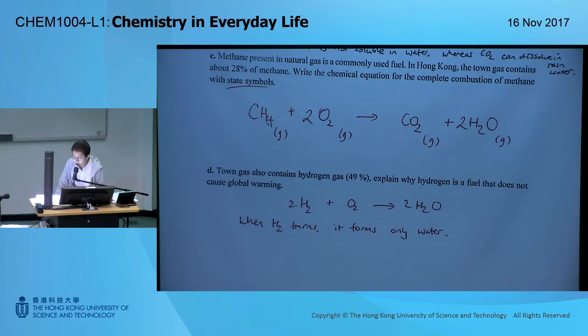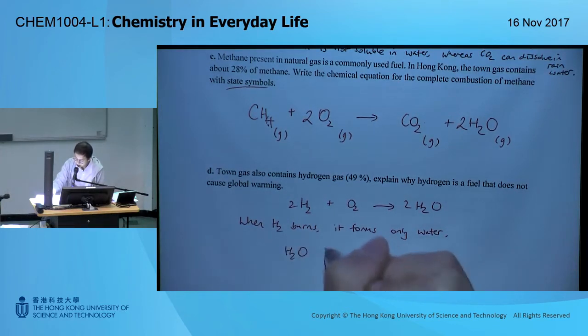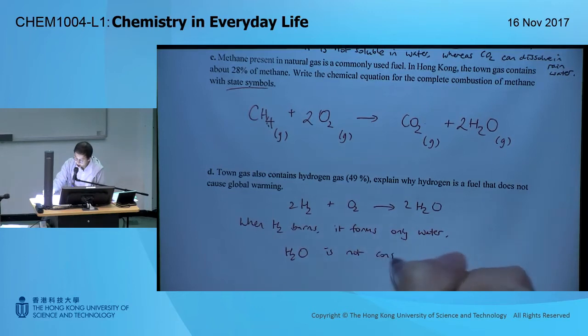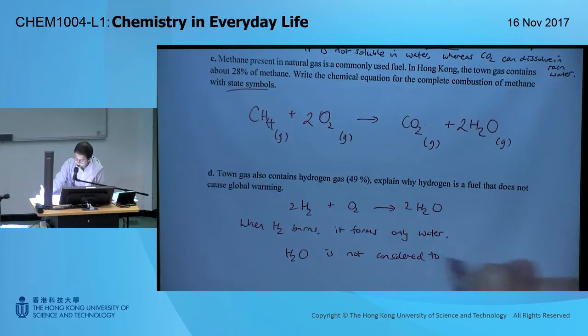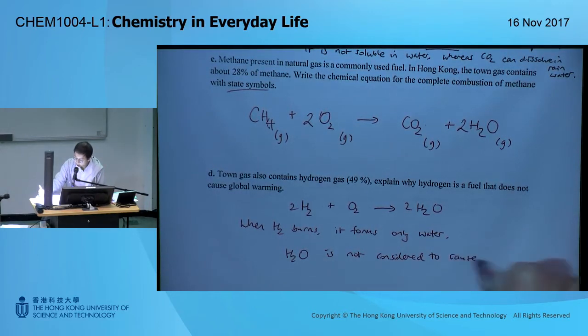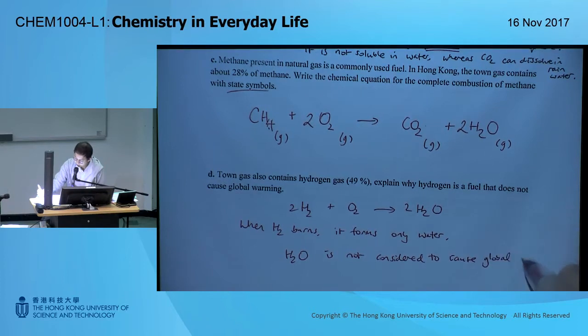It's controlled by humidity. So there's a limit to how much water vapor there can be. So water is not considered to cause global warming. Only CO2 is considered as a source of global warming.